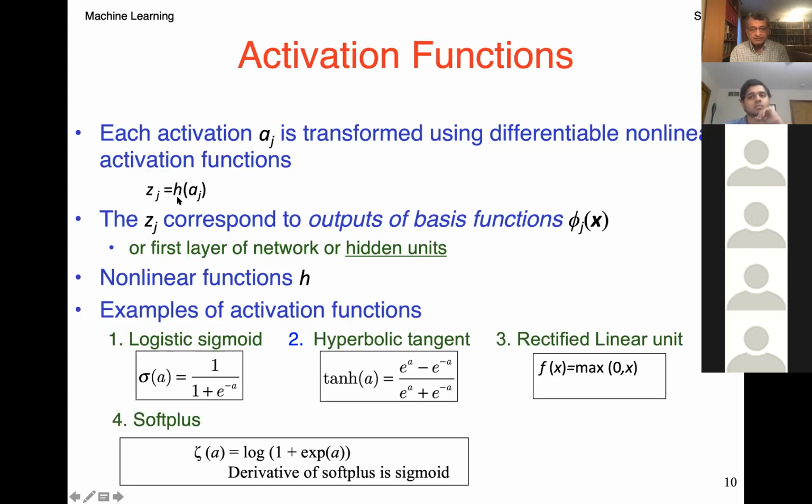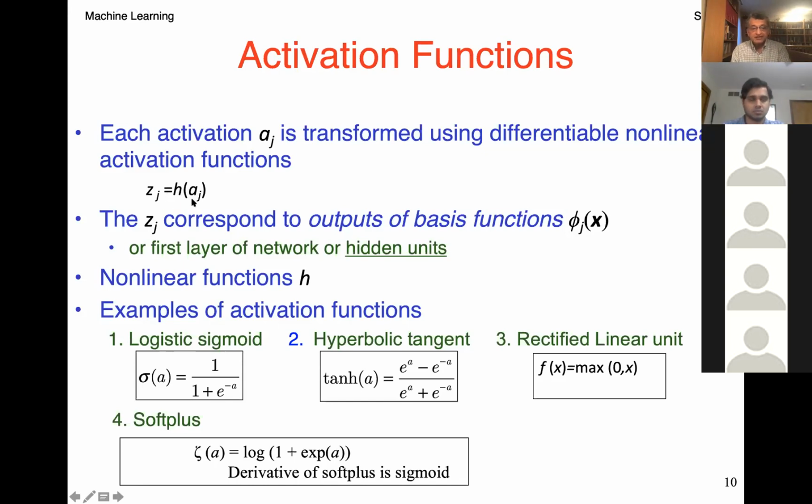It takes some activation as input and produces an output. So this is the activation function, this is the activation input, right?